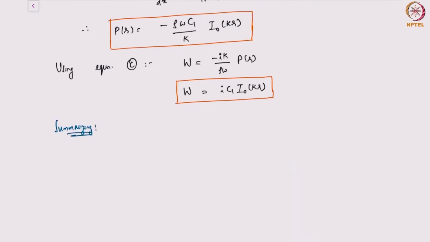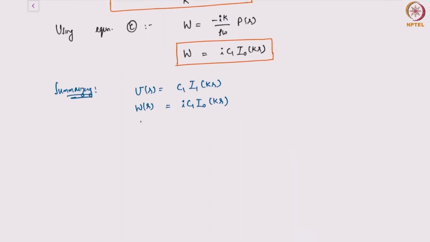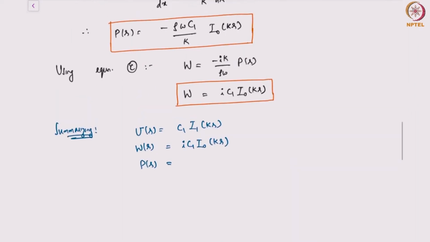So in summarizing, what do I have? I have U of r is C1 I1 of kr. W of r is i C1 I0 of kr. And P of r is minus rho omega C1 by k I0 of kr.